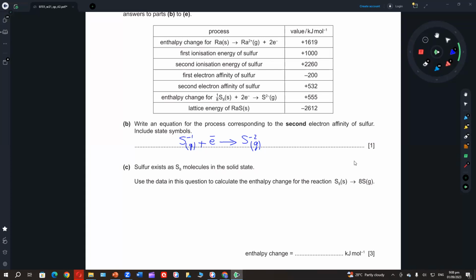I think we should focus on this reaction because it is giving me S2 minus, and I should be focusing on sulfur minus 1. I need a reaction which starts or ends at sulfur.